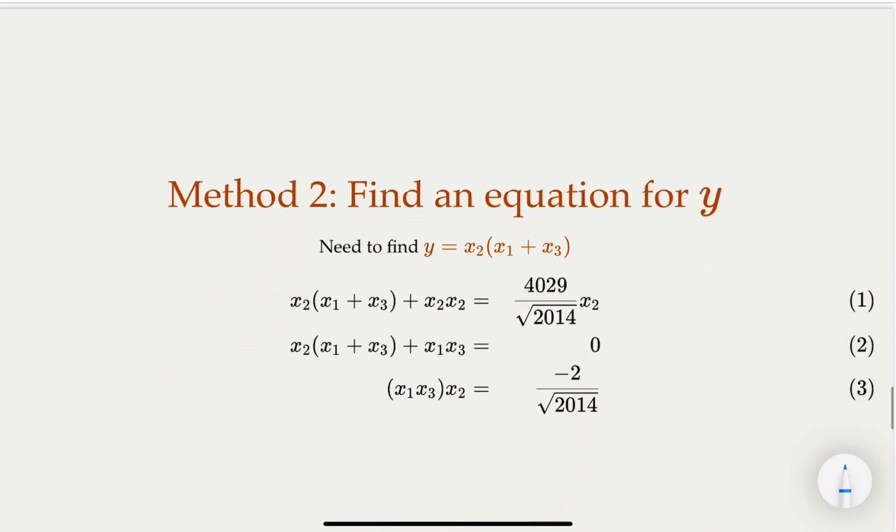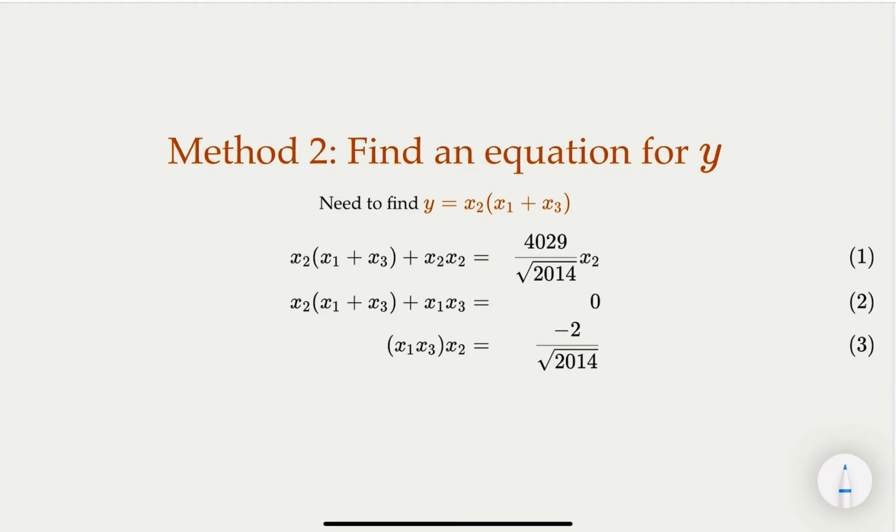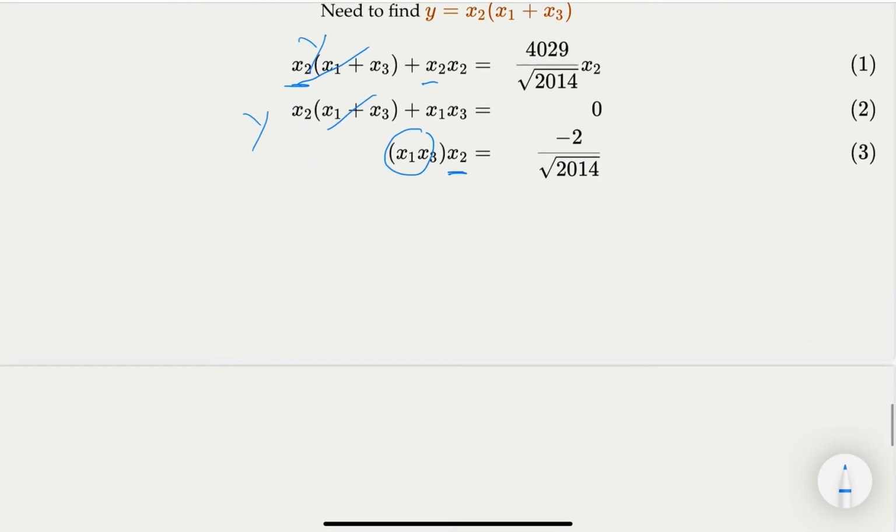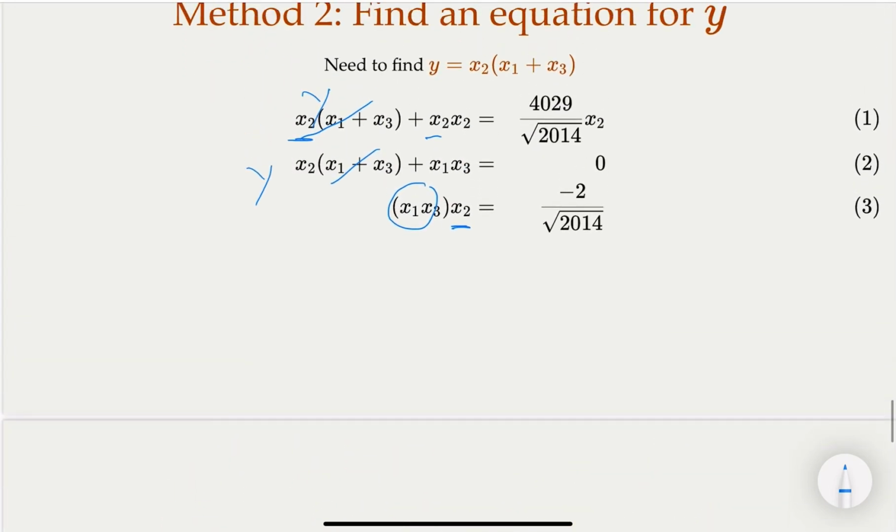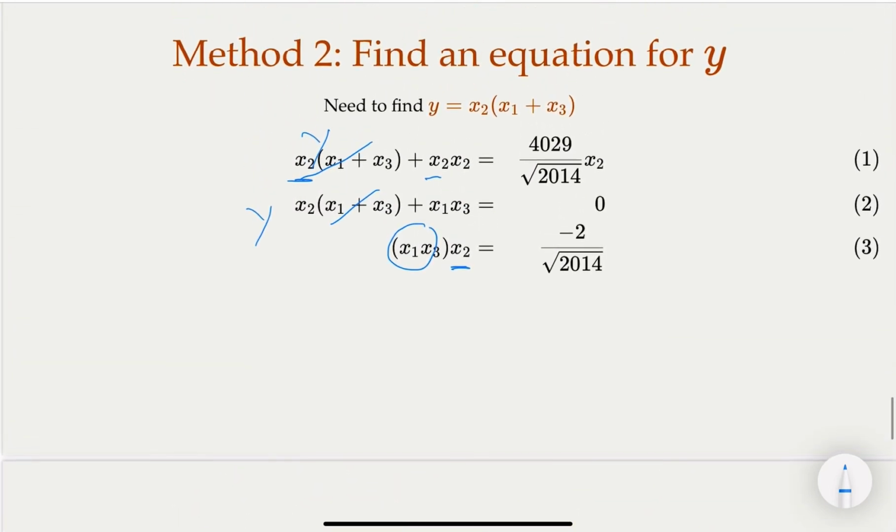Let's work on the algebra, right? Multiply x2 on both sides, and you notice that this is y and this is y, so you can express x2 in terms of y. Earlier we said that y equals negative x1 x3.